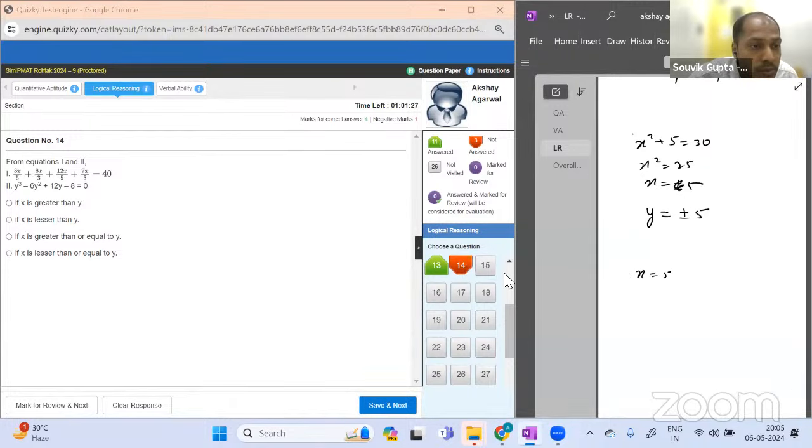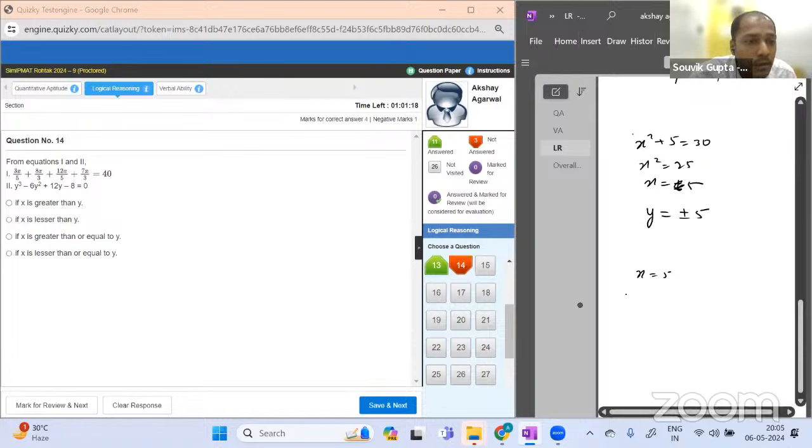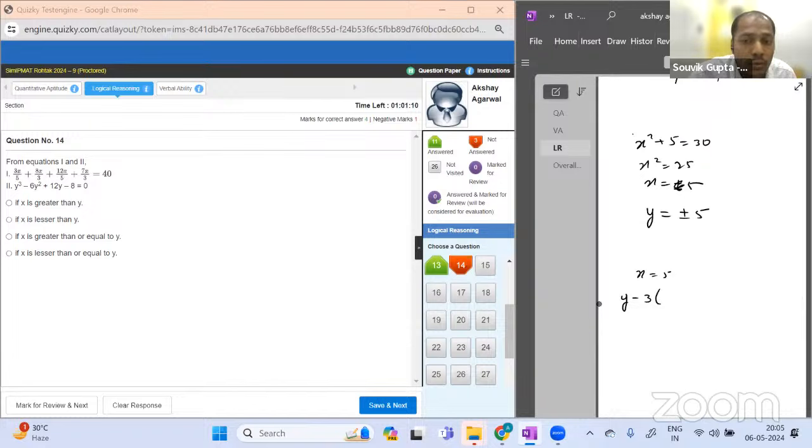and y cube is this, 3 into 2, 3 into 2 square and 2 cube, y minus 3 into 3 into y square minus plus 3 into 2 square into y minus 2 cube.